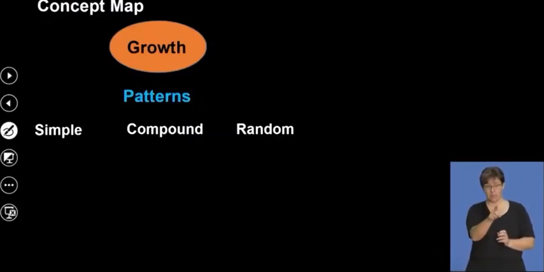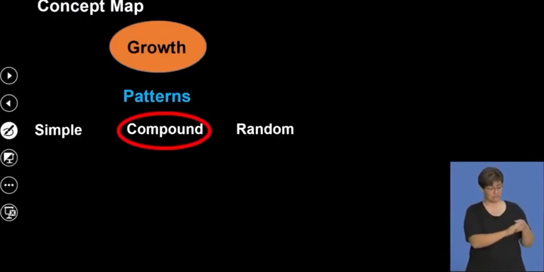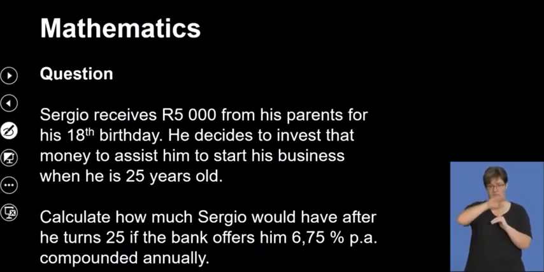Now remember, we are still under growth and the main focus is on patterns. Now we are on the second pattern, which is the compound pattern. Sergio receives an amount of 5,000 from his parents for his 18th birthday.